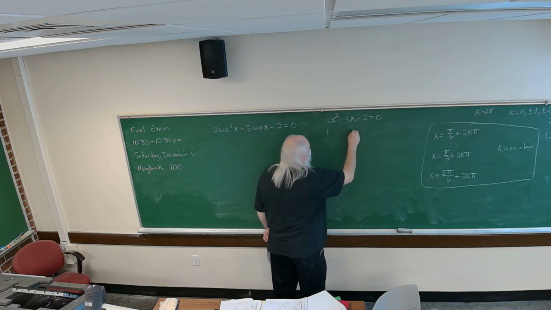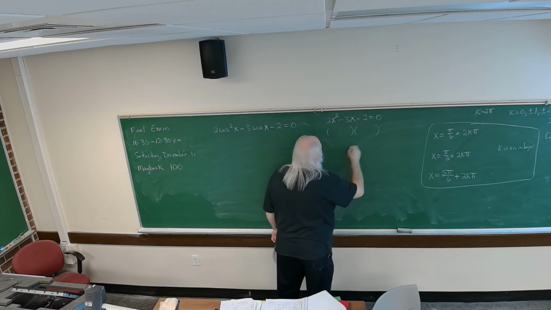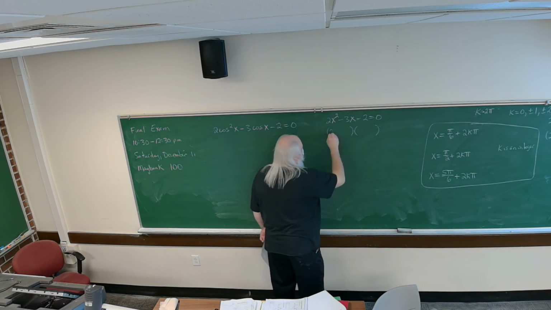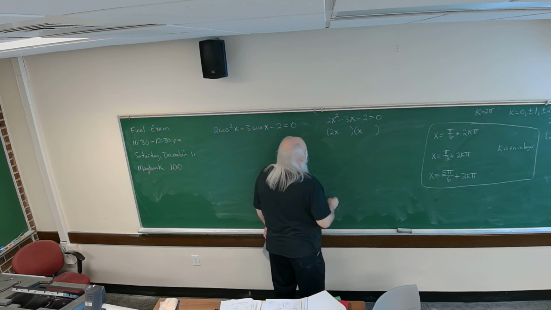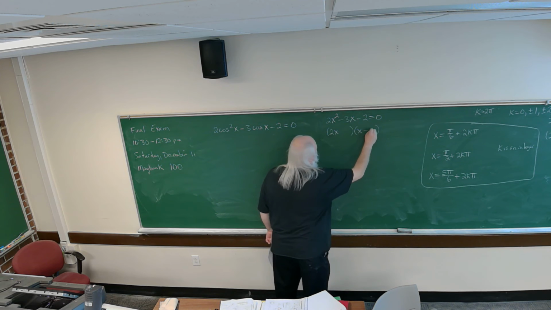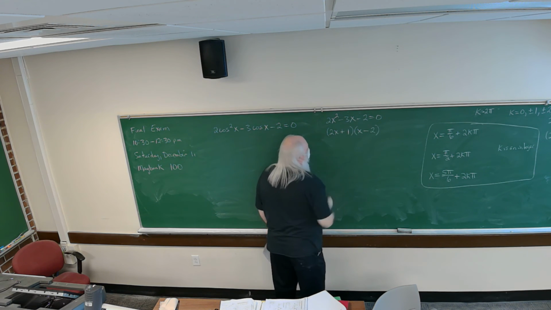And that factors into what? 2x times x, minus 2 and plus 1. 2x times x is 2x squared, minus 4x plus 1x is minus 3x, 1 times negative 2.